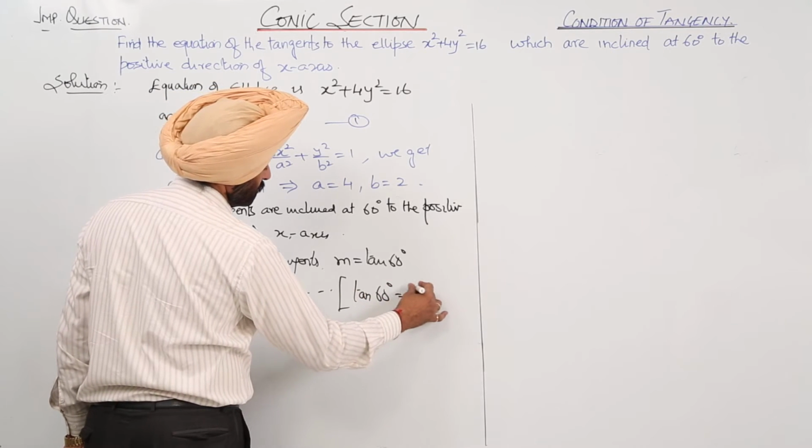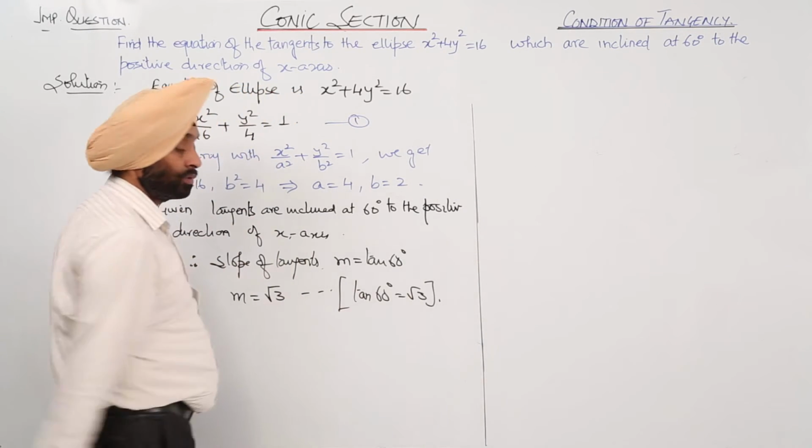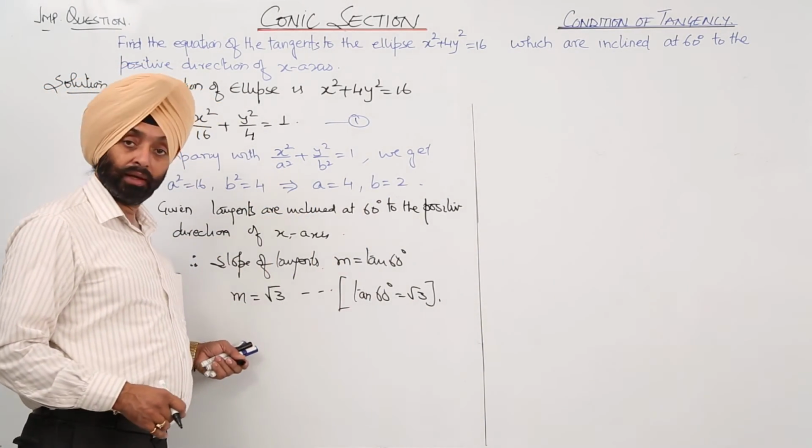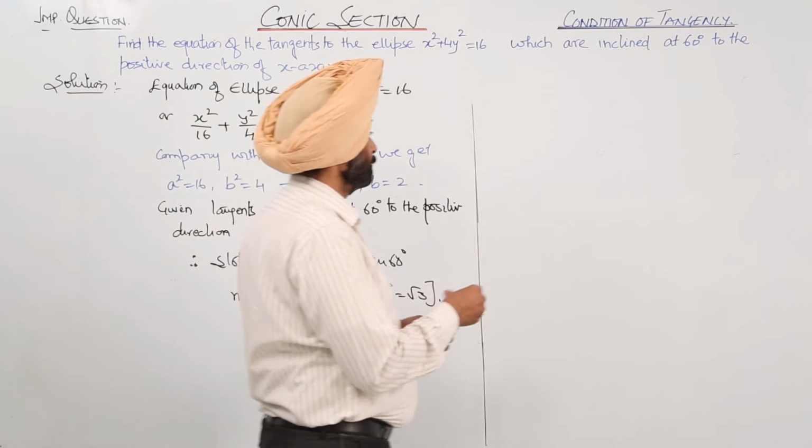Tan 60 degree is root 3. Now what we are having? We are having a, we are having b and we are having m. Okay.